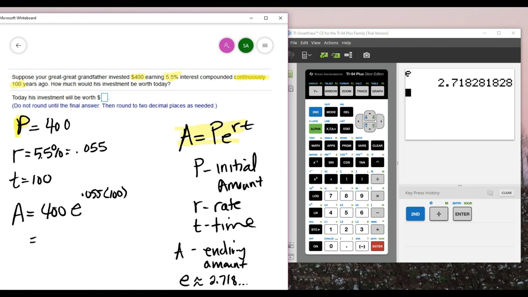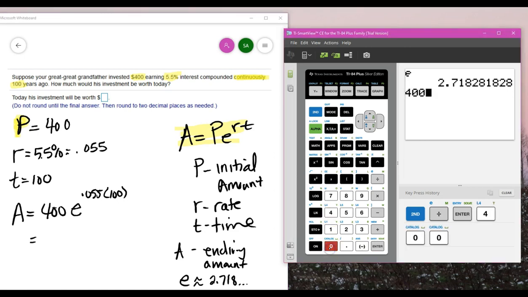We'll plug that in the calculator. We'll get 400, and I'm going to use this e button right here. I hit the second and natural log button. That gives me e to an exponent instead of just an e.